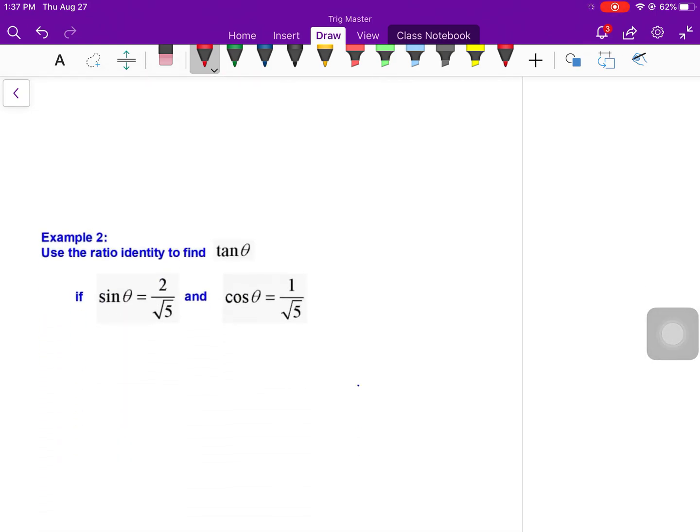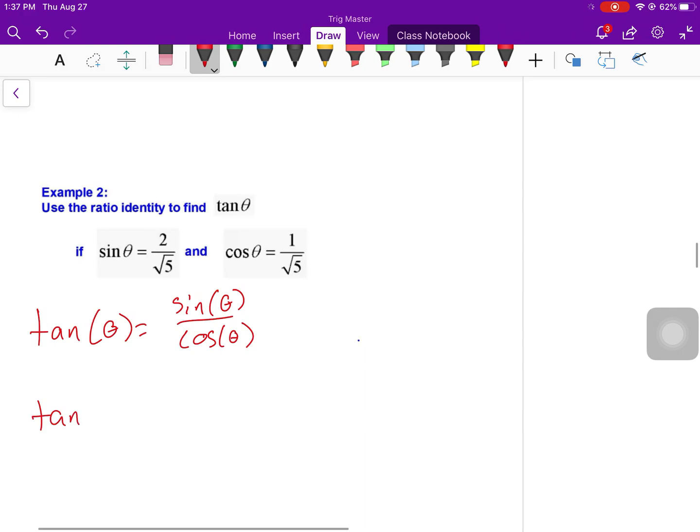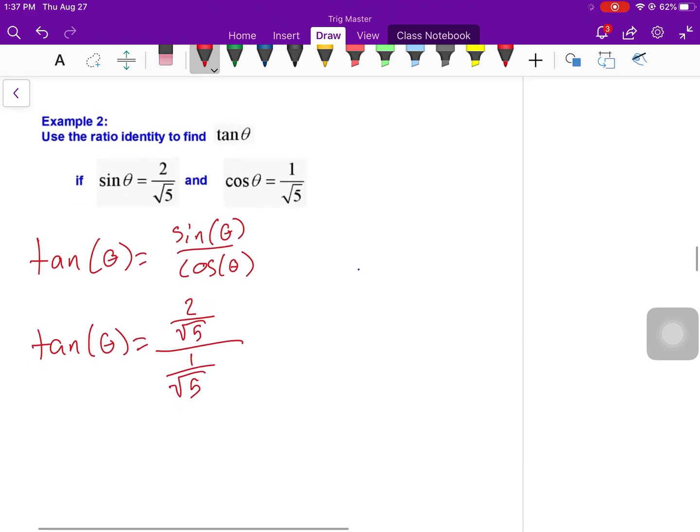Okay, so now we want to use the ratio identity to find tangent. I know that tangent of theta is sine of theta over cosine of theta. So tangent of theta is 2 over square root of 5 over 1 over square root of 5.